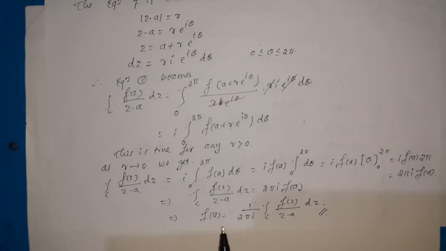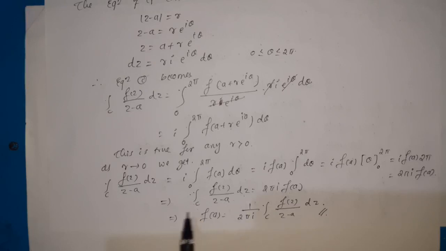So it is the Cauchy's integral theorem. Here f of a is equal to 1 divided by 2 pi i integration over C of f of z by z minus a into dz, or this can be written as integration over C of f of z by z minus a into dz equal to 2 pi i f of a. So while solving the examples, integration over C of f of z divided by z minus a will be given, and we need to integrate this function with respect to z.